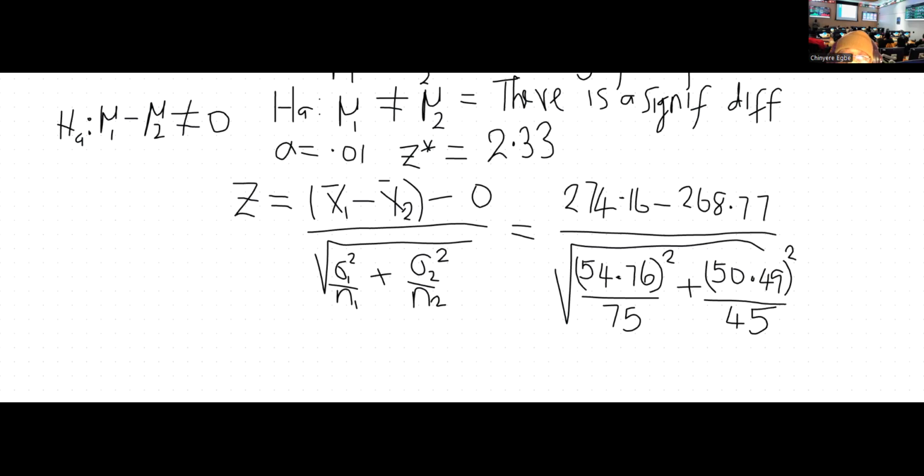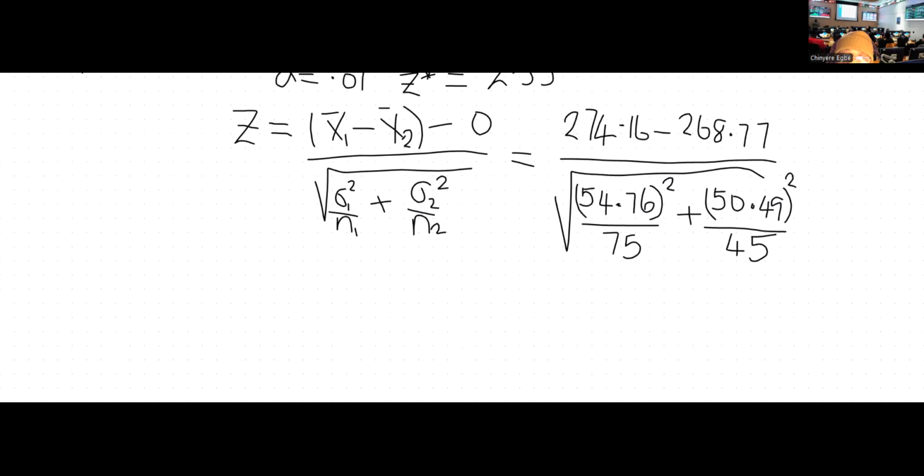All right. And so Z is equal to what? Okay. 274.16 minus 268.77 is 5.39.